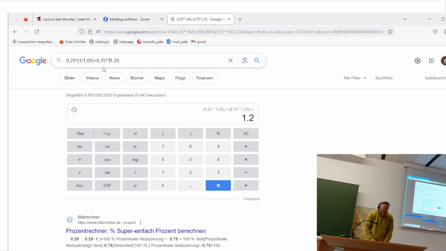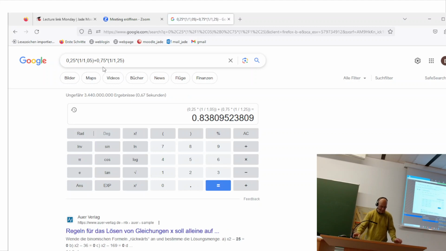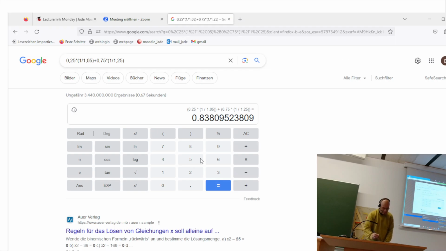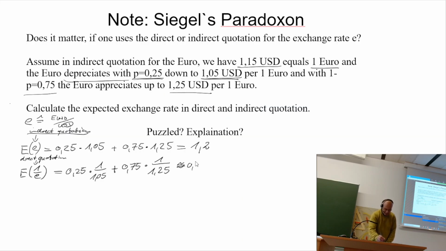Oops. And we obtain 0.0381. Roughly 0.8381.